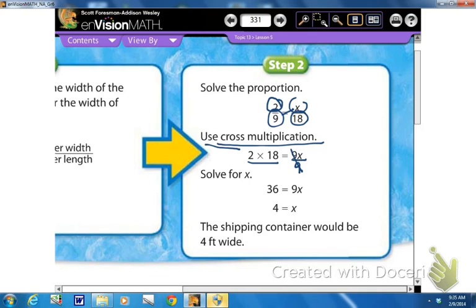This becomes 36 divided by 9, which I could have shown down here, which would be a little better. So 36 divided by 9 gives you 4, so the container would be 4 feet wide. If I was going to plug that back in, I would put my 4 up here, and that would give you that proportion. So we know that the container is 4 feet wide.